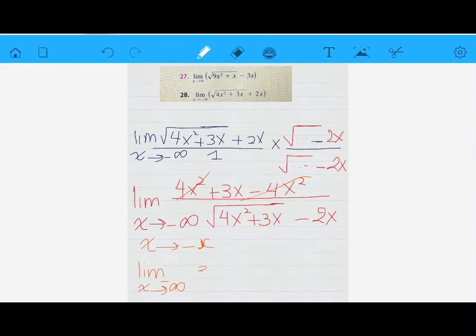Now we have 3 in brackets minus x over radical 4 times minus x squared plus 3 in brackets minus x, minus 2 in brackets minus x.